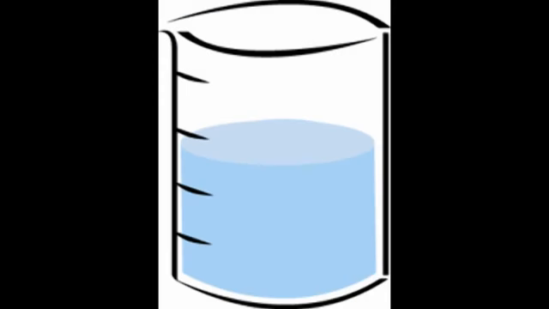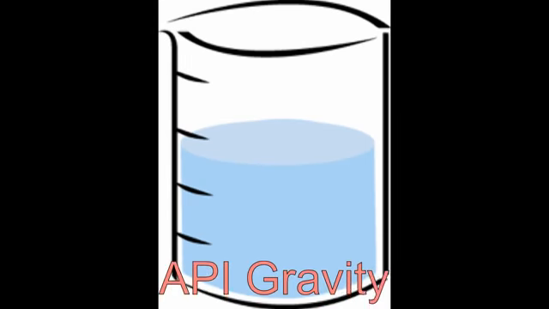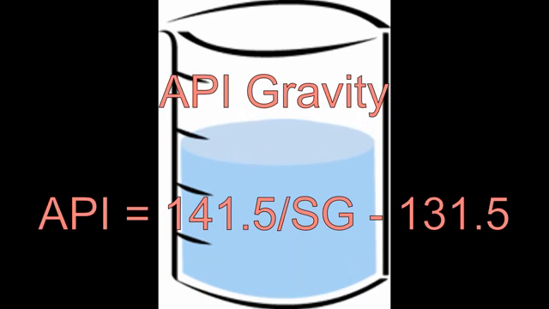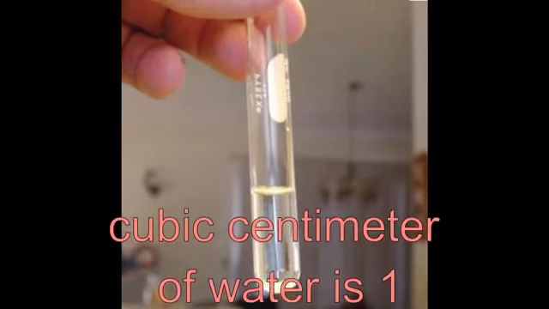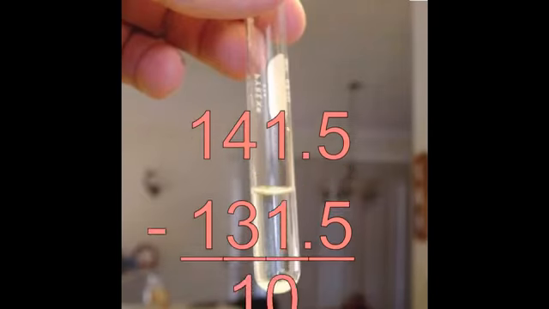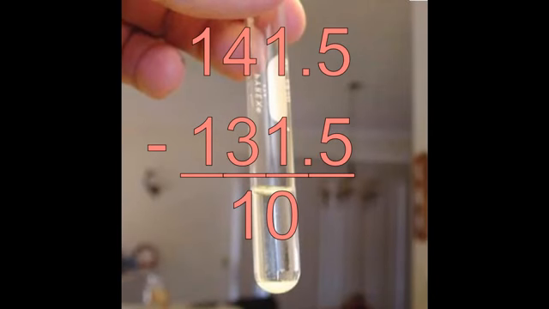In calculating API gravity in the laboratory, we use the formula API equals 141.5 divided by the specific gravity minus 131.5. For instance, if a cubic centimeter of water is 1, we subtract 131.5 from 141.5.